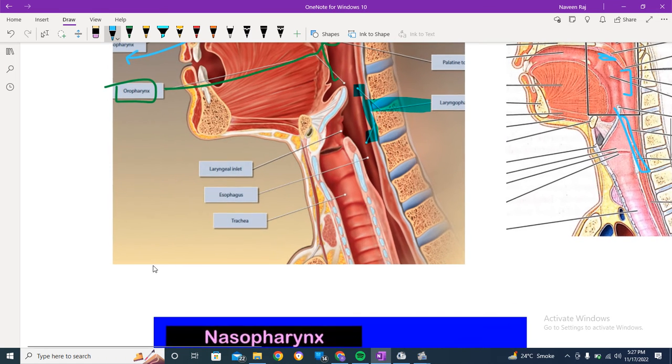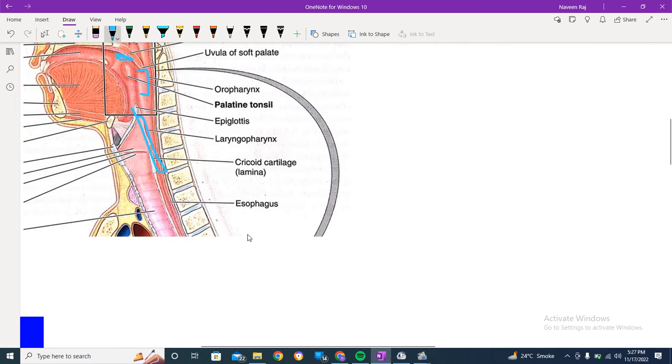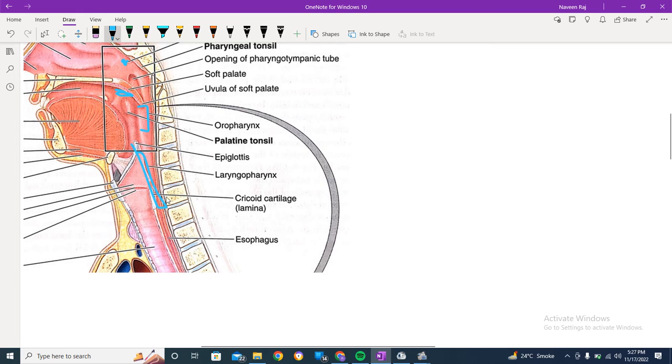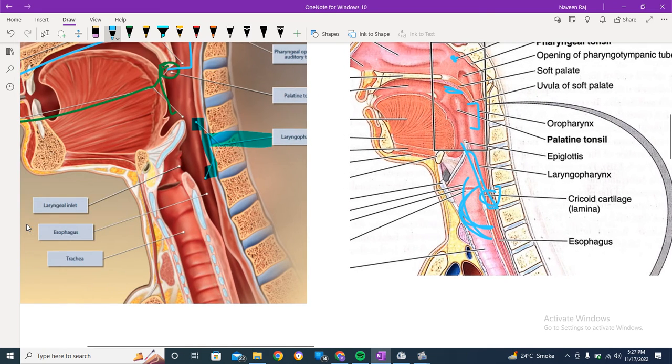Here was a term like cricoid cartilage. So what is this? Posteriorly there is a hard U-shaped bone, and that is being attached to the pharynx with the help of the cricoid cartilage. This is the connective sort of work.